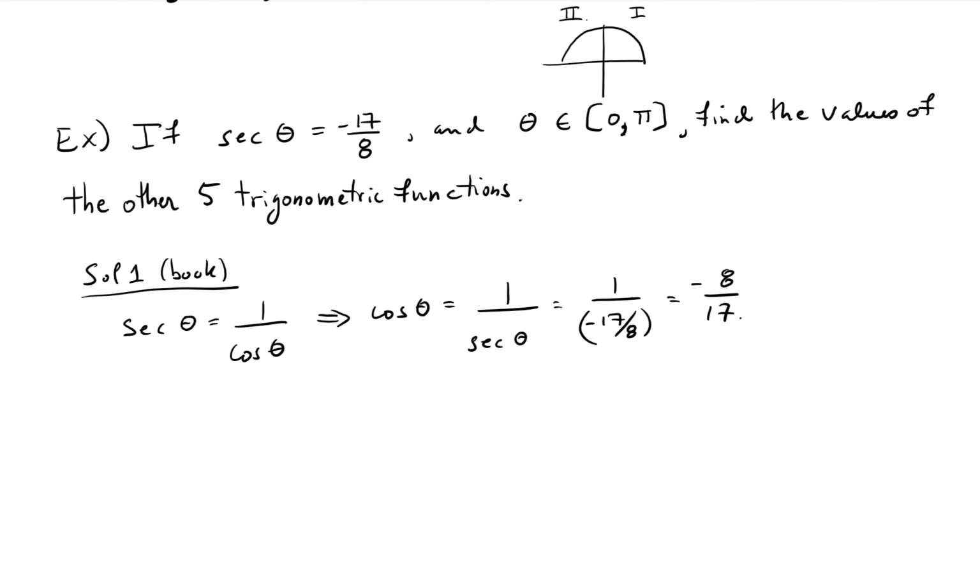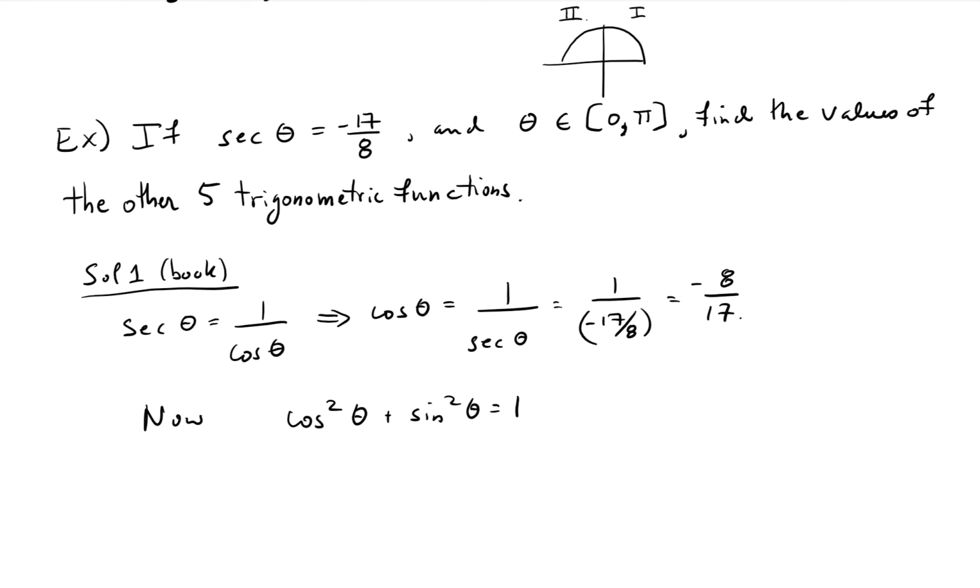After that, in the book, they're going to use a Pythagorean identity to find the value of sine. So they use the main one, which is cos squared plus sine squared equals 1.